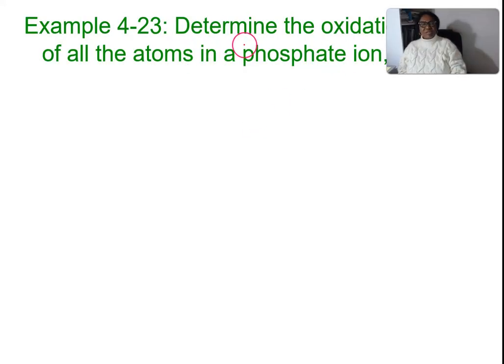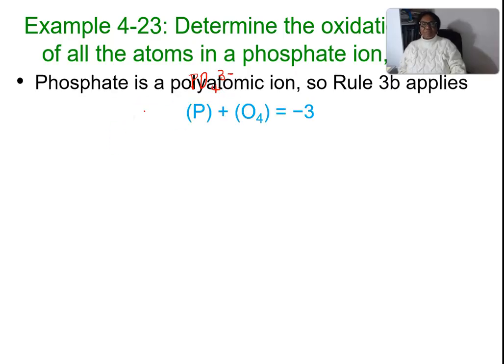So let's try to do this example. Determine the oxidation state of all the atoms in phosphate ion. So we are going to use rule number 3b, which says that the sum of the oxidation states of all the atoms in a polyatomic ion gives you the charge on it.